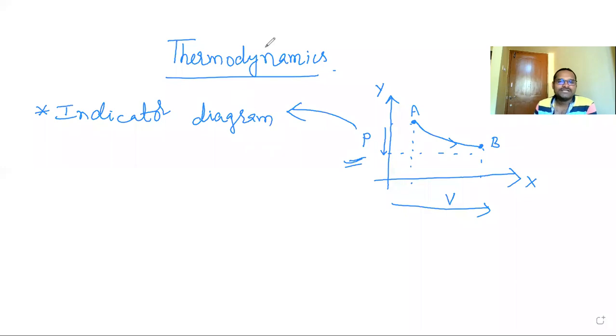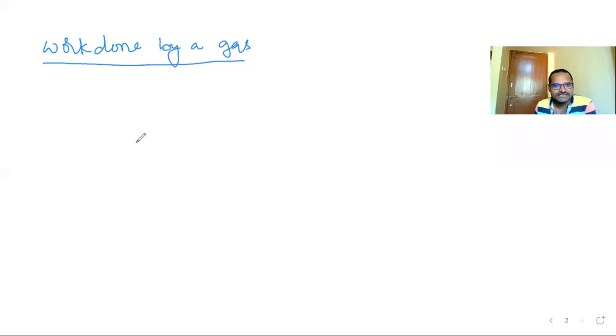Next, after that, we discussed work done by a gas. What is the formula for work done by a gas? Let us discuss one more time. Let us suppose we have one cylinder.